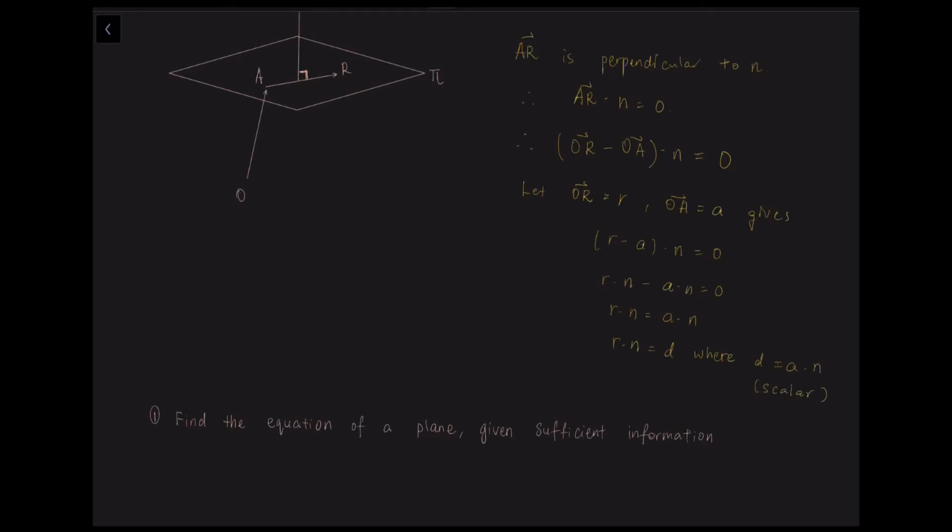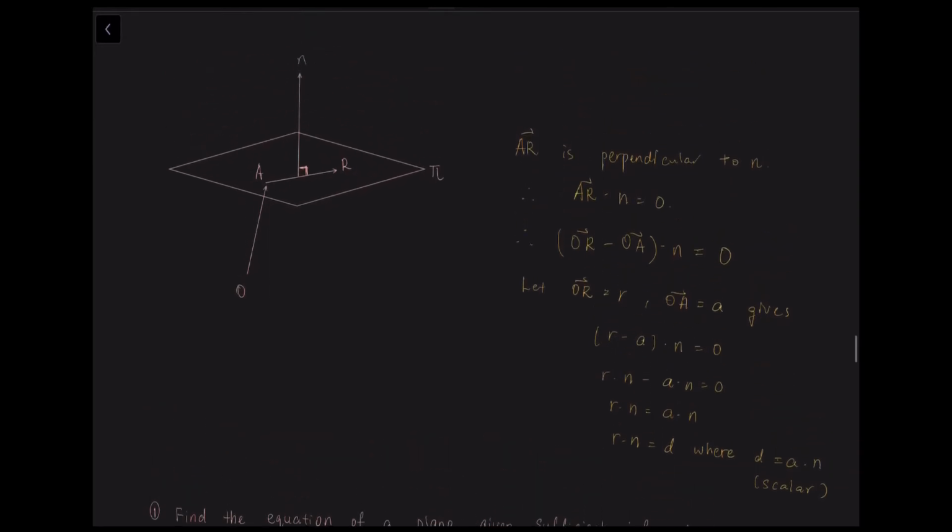Thus, r dot n minus a dot n equals 0, which then simplifies to r dot n equals d, where d equals a dot n, because both a and n are specific vectors. Once you perform the dot product, you get a scalar constant value.